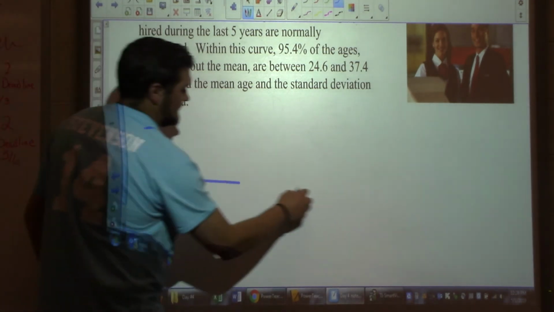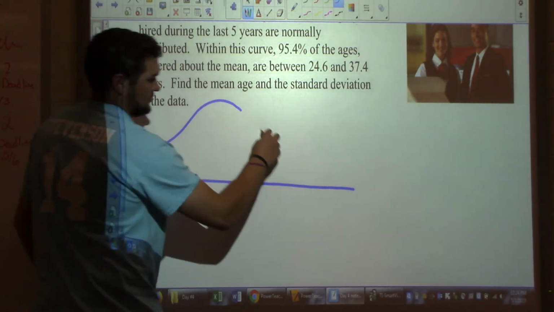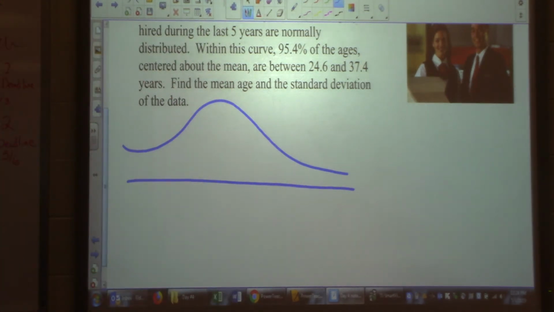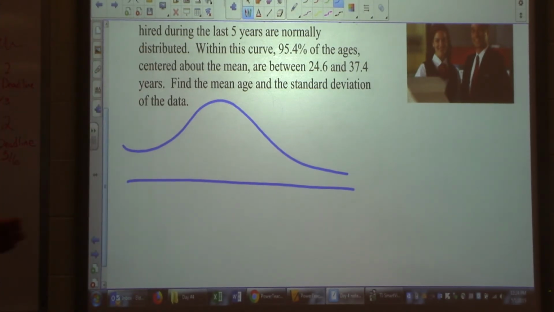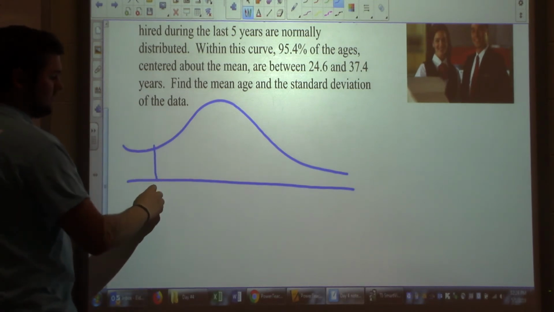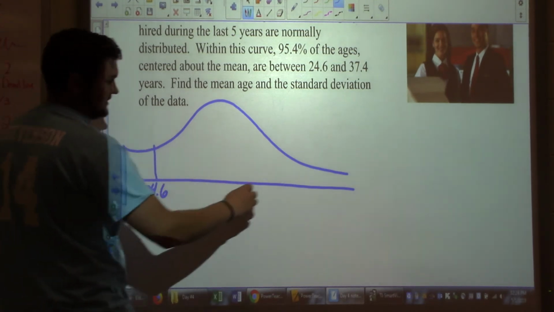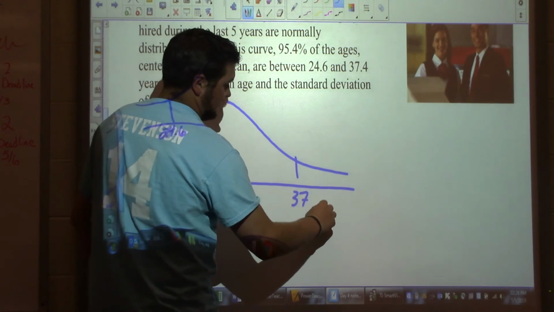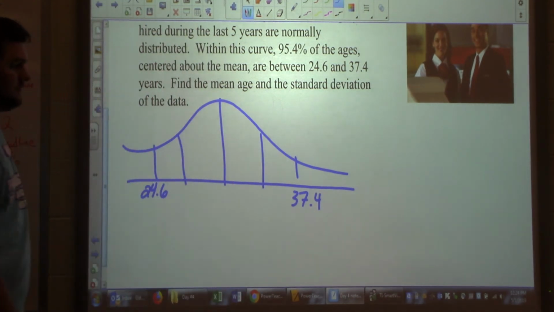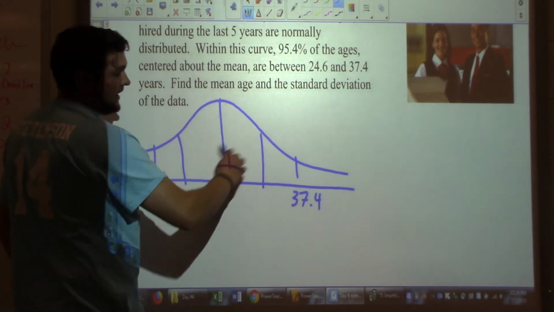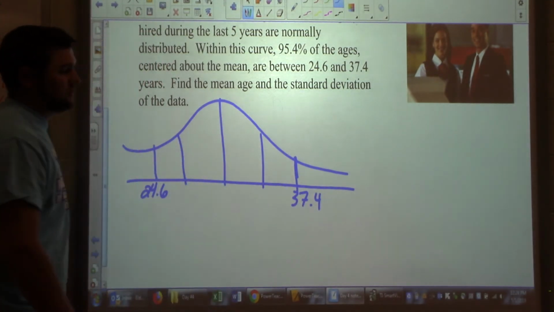So if I draw this, normally distributed, I know that 95.4%, or about 95%, are between 24.6 and 37.4. So 95% of my data is between those two.